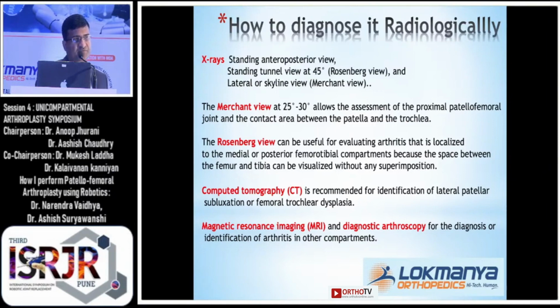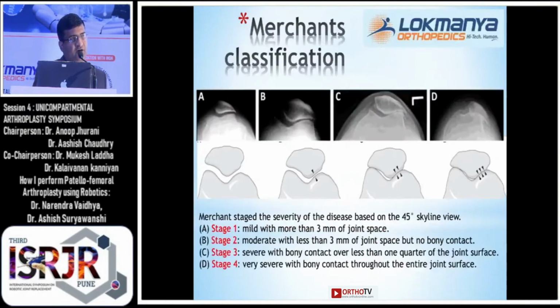And then Merchant's view to diagnose and even to grade the patellofemoral arthritis. Sometimes we have to do a CT to see any trochlear dysplasia or some changes in the femur. And in case of a doubt, we need to go ahead for an MRI to look for other compartment involvement, and even a diagnostic arthroscopy may be needed sometimes.